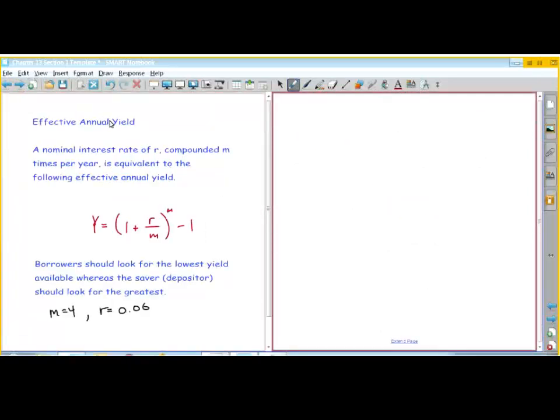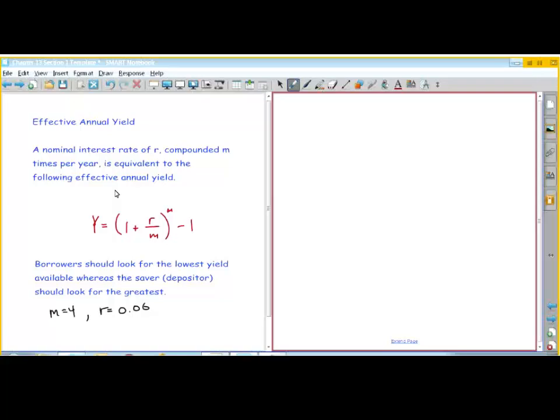Now, this effective annual yield is basically taking that formula for compounding of different compounding times per year and giving you the effective interest rate in a decimal number.